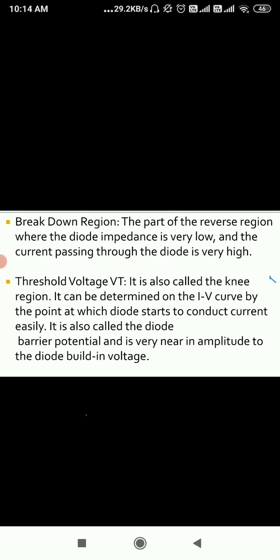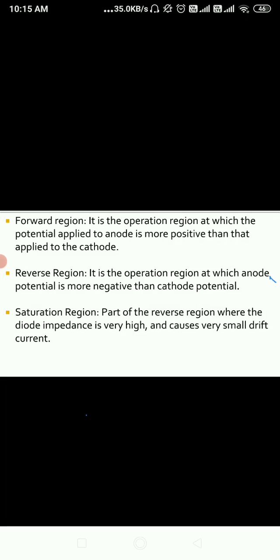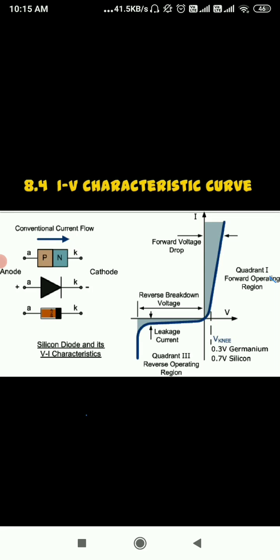So: threshold voltage, knee voltage, cut-in voltage, barrier potential, but barrier potential only for a diode. When the voltage becomes exactly equal to the barrier potential, at that time there will be an increment in current in forward biasing, and that voltage we call the threshold voltage. What can we call that voltage? Threshold voltage, the voltage from which the current value directly increases.